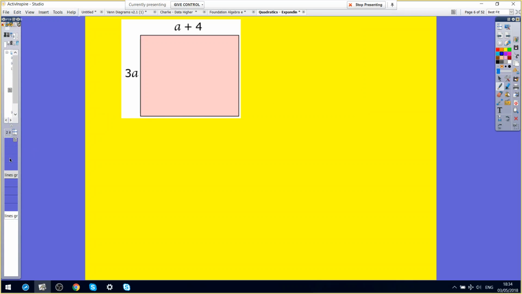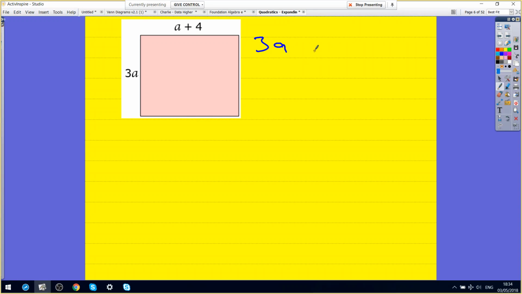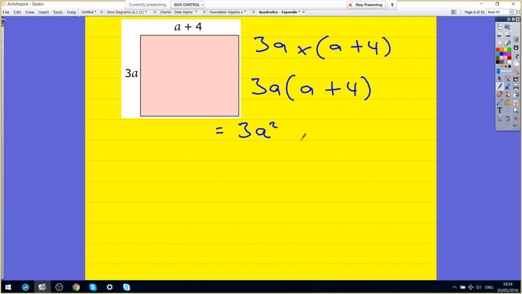Okay, so this one. The area would be 3a times that line, a plus 4, both of them. And a short way of writing that is 3a(a plus 4). What is that? The first bit would be 3a squared, and after that it would be 3a.